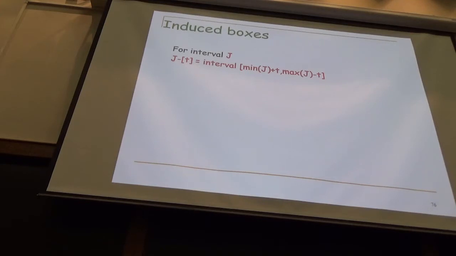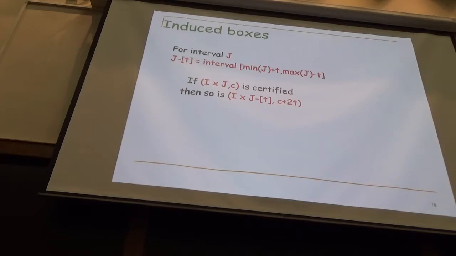Okay, let me also mention something called an induced box. So I have I cross j, c. Now, if t is an integer, let me take the interval j and shrink it by raising the lower endpoint by t and decreasing the upper endpoint by t. So I'm shrinking it by 2t in both directions. If I have a certified box, then for the box I cross j minus t, it's not hard to see that you get an upper bound.